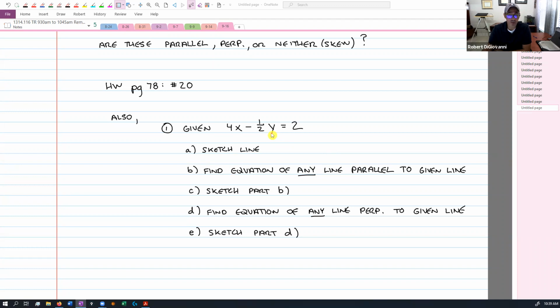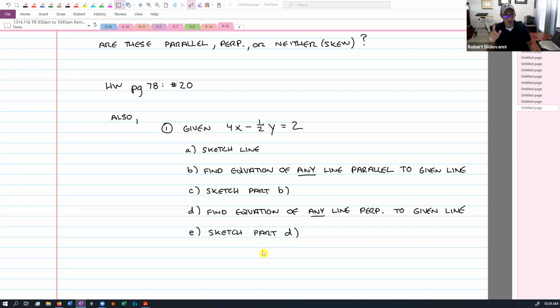You just got to make sure that they're parallel, so your equation has to have something in common with this one. And then sketch that one. And then again, find the equation of any line that's perpendicular to this given line, and then sketch it. So you should have a final picture that has 3 lines on it. Does that make sense, everyone?